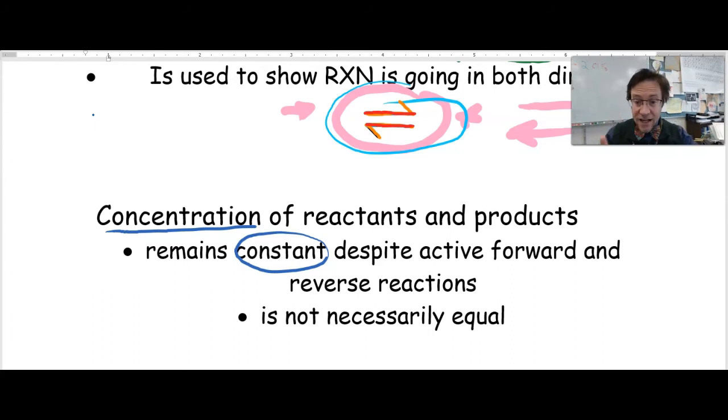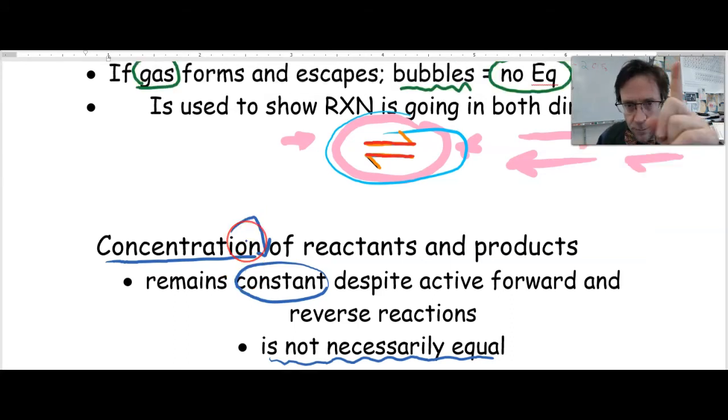So they are constant, but they are not necessarily equal. So you should say this over and over: concentration is constant. During a state of equilibrium, concentration is constant. Everybody wants to think, oh, if it's equilibrium, the concentration is equal. That's not true, because look, I'm going to come back up here.